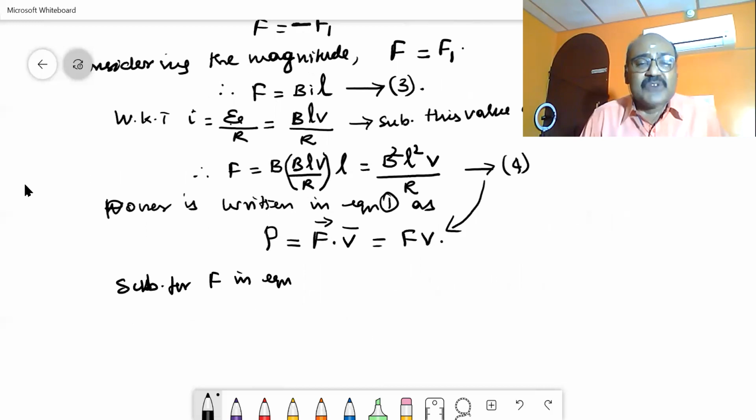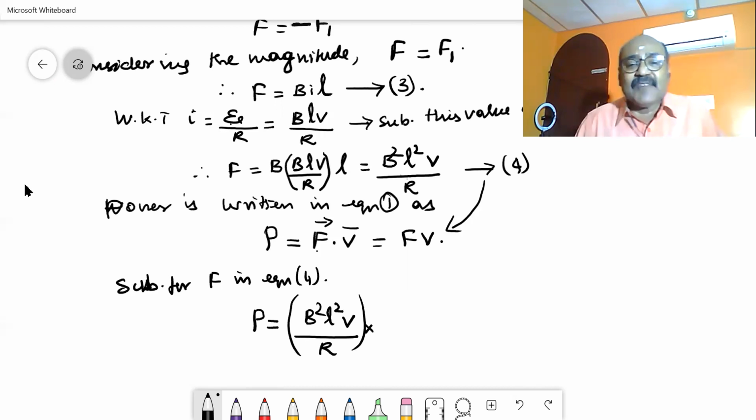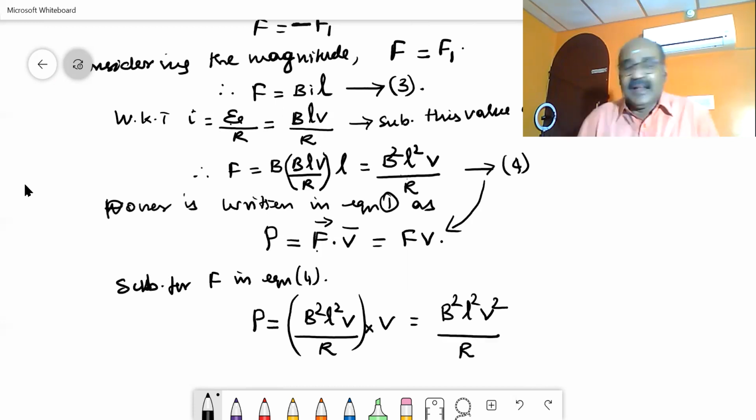What can you get? The power available P equal to, what is F? Here I have written from 4, B square L square into V divided by R, multiplied with V. So what is the answer for power? B square L square V square divided by R. Let us rewrite the equation for this power.